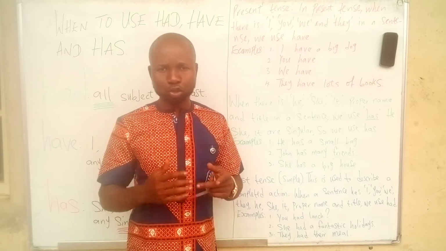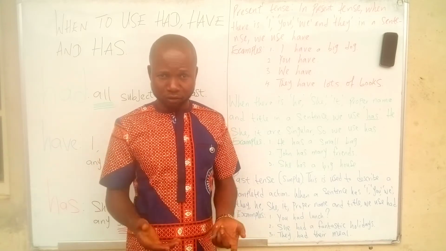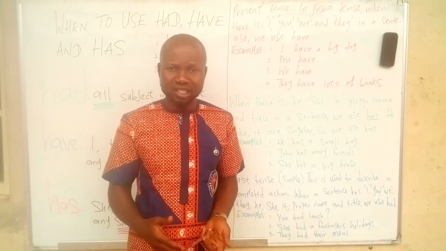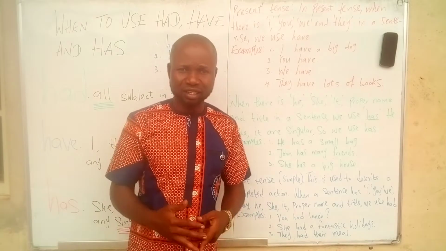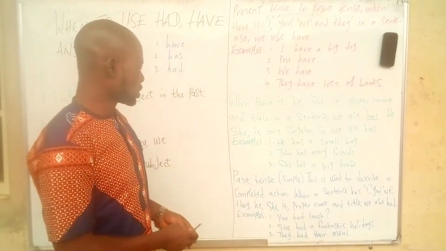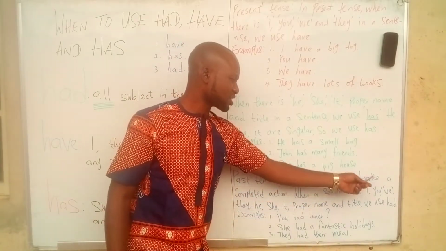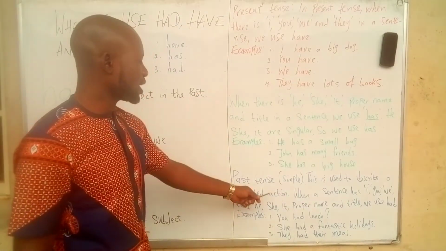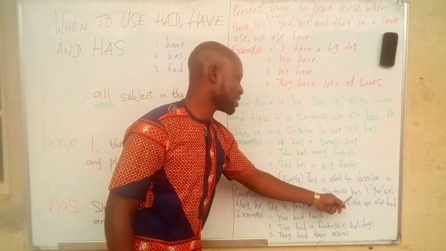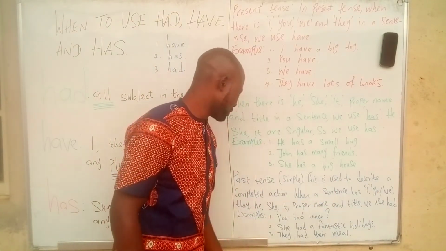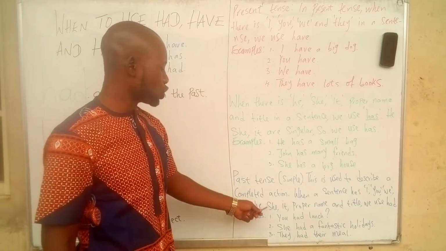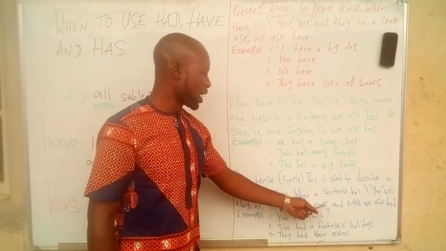Actually, you don't know, but you were involved. Maybe you were invited or coincident. You went there. So that is how to use it. So past tense in a simple form is used to describe a completed action. When a sentence has I, you, we, they, he, she, it, proper name and title.